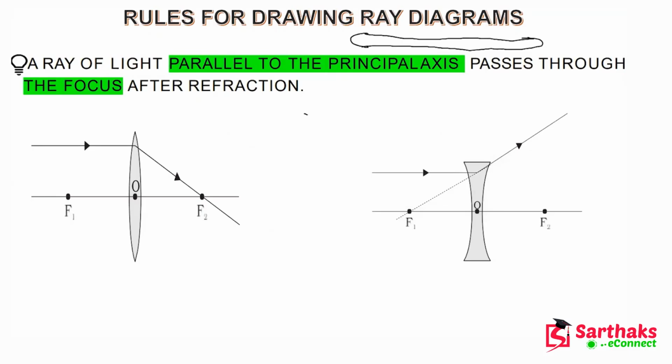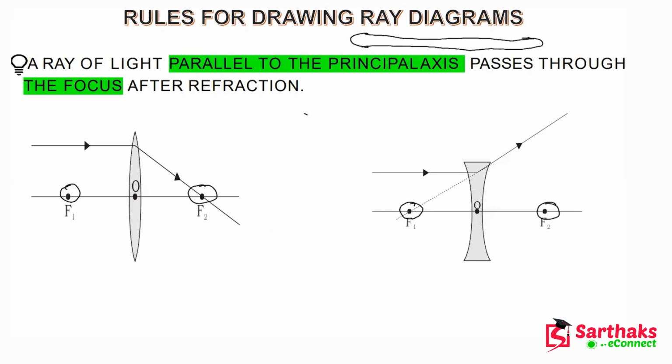Okay guys, I hope you got it. Now you have to remember that in the case of mirrors, there used to be only one focus. But in the case of lenses, there are two focus. So we refer to them as F1 and F2. This is F1, this is F2.